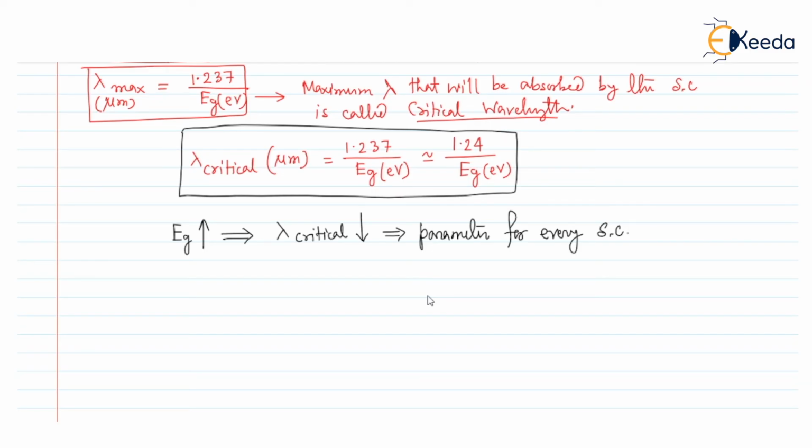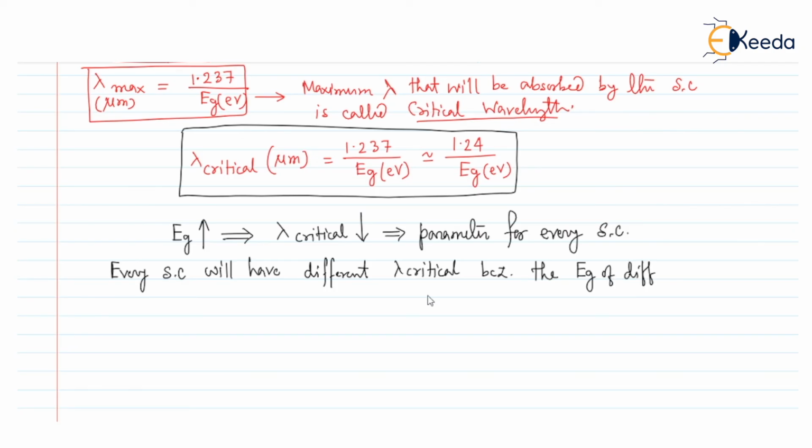Since the Eg determines the lambda critical, every semiconductor will have a different lambda critical, because the band gap of different semiconductors will be different.